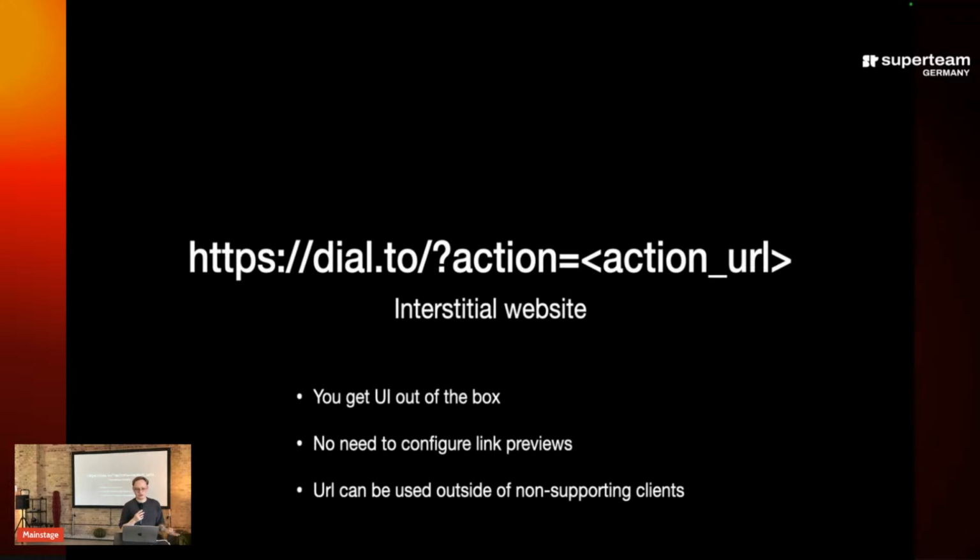And the third way is to use what we call an interstitial website. If you, let's say, do not have your own product yet, if you want to test hypotheses real quick, or develop a Blink without any front-end work, it's perfect for you. You can go to dial.to, where there is an input field, and you can paste your API URL, and it will render it. Moreover, you could use this URL to share everywhere, in Twitter or any other website.